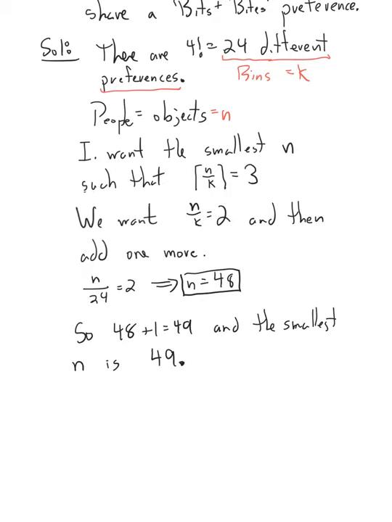So that means that if you have 49 people at a party, you are guaranteed that at least 3 people will share a Bits and Bytes preference. If you had 48, in the worst case scenario, you could have exactly 2 people for each of the 24 bins. But once you add that 49th person, they have to triple up into one of the bins. All right, let's look at another example.